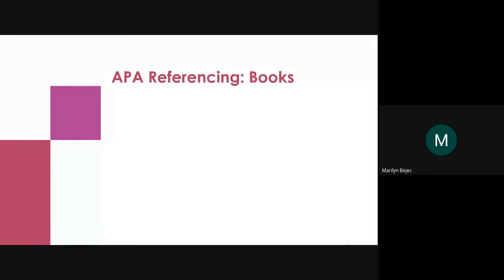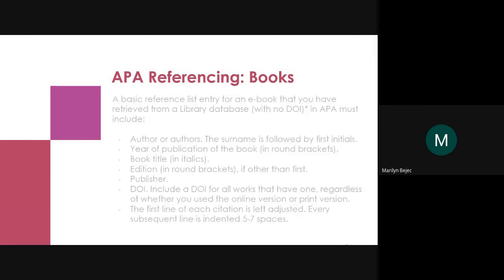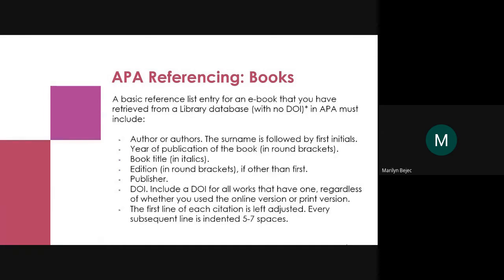So for APA referencing books, we will now go to books. A basic reference list entry for an ebook that you have retrieved from a library database with no DOI in APA format must include the author or authors. The surname is followed by the first initial, then the year of publication of the book in round brackets, the book title in italic, then the edition, if there is any, and then the publisher.